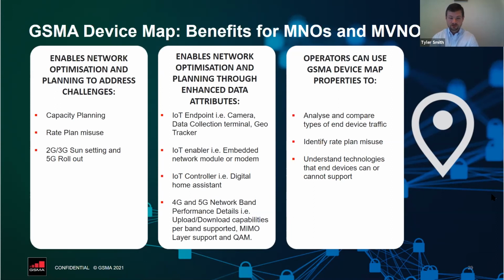With that information, you can create and implement plans to convert those end devices to newer devices more quickly, or help assist in determining investment decisions, i.e., if you can see all the devices on your network and you know that you've got X number of 2G devices and Y number of 4 and 5G devices, it could help you identify the right time to begin rolling out 5G or sunsetting 2G, et cetera.